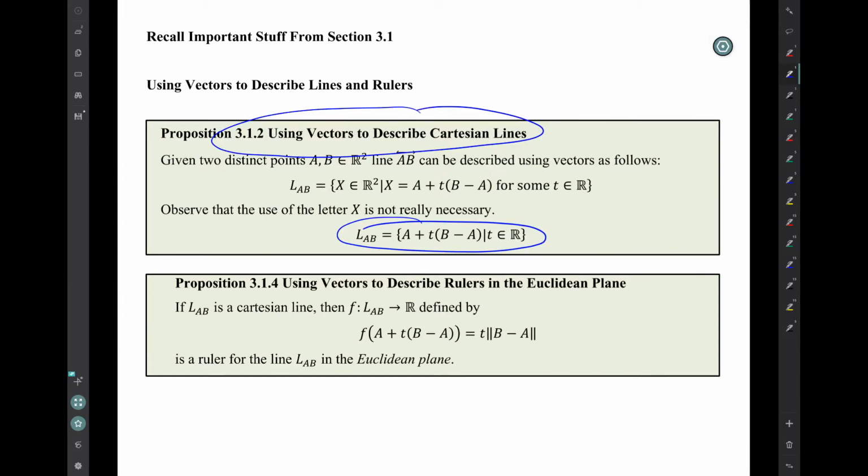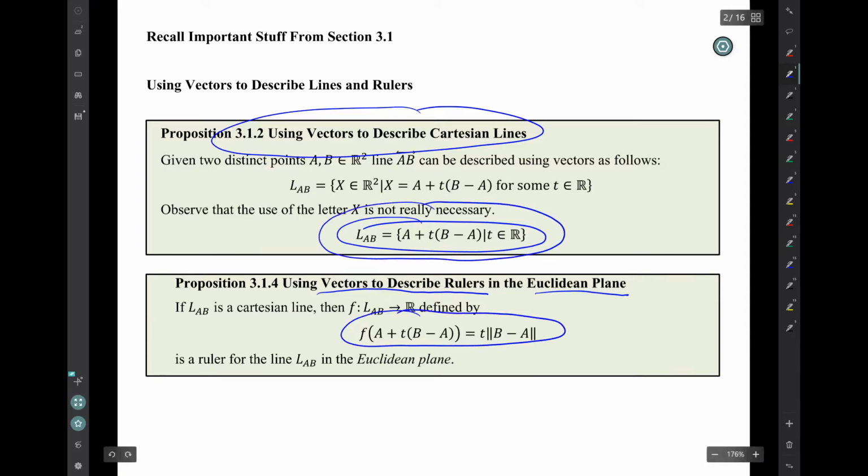So betweenness is something we can only discuss in a metric geometry. Now we've discussed a few metric geometries, but only in the Euclidean plane have we used vectors to describe rulers. So we have this description of rulers in the Euclidean plane. We have this description of lines in the Euclidean plane.